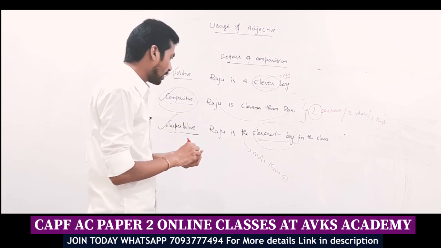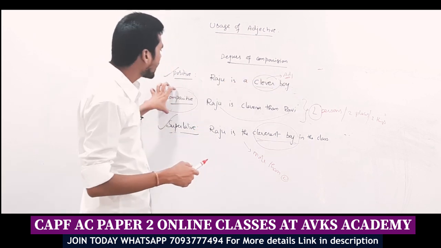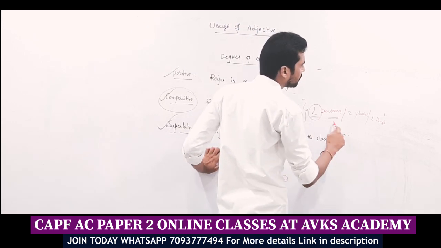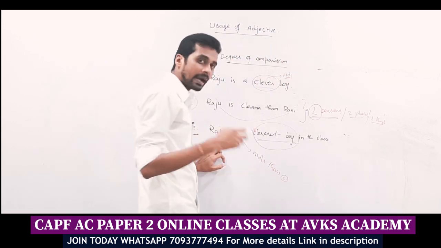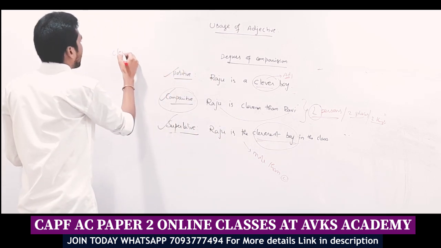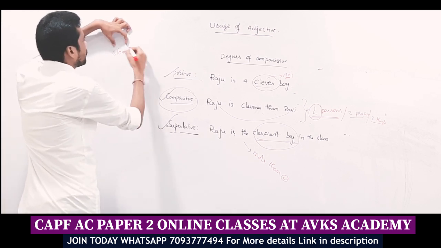So what I want to tell you is, in the positive degree, you are simply giving a statement. In the comparative degree, it is strictly confined to two persons, two places, two things. And also, clever, I told you, no. An adjective has three forms. Clever is the first form.